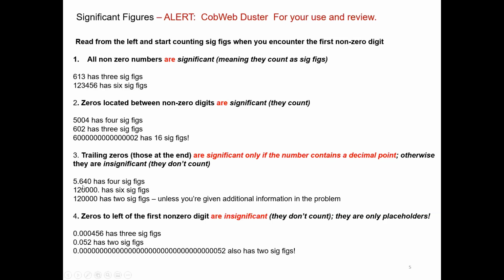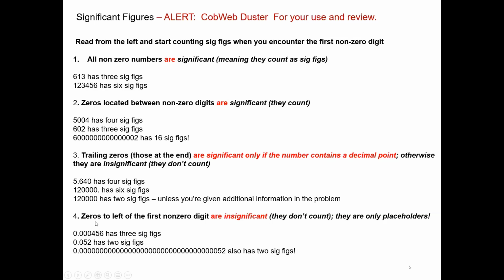Because it has a decimal point, we'll count the last zero as well. And for this number, if I put this decimal point after all the zeros, then we need to count all of these 4 zeros. And so this one has 6 sigfigs. And for this one, it doesn't have a decimal point, and we'll say this one has only 2 sigfigs.